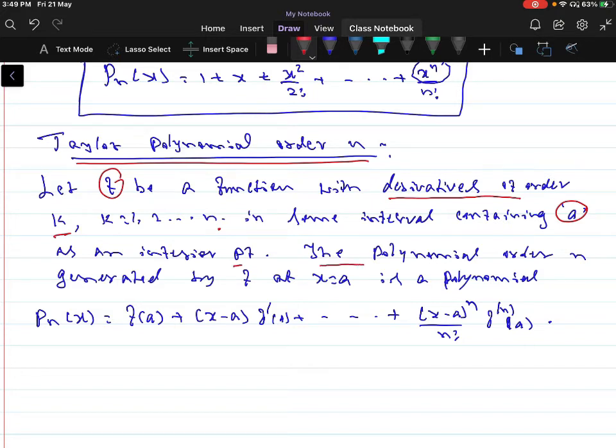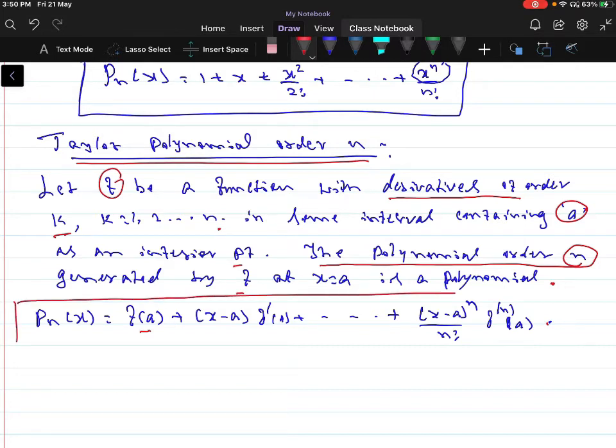So the polynomial of order n generated by the function f at x equal to a can be written as Pn of x equal to f of a plus x minus a into f dash of a plus and so on plus x minus a whole power n by n factorial into the nth derivative of f at x equal to a. So terminating the higher order powers of x minus a, this is the polynomial of degree n.